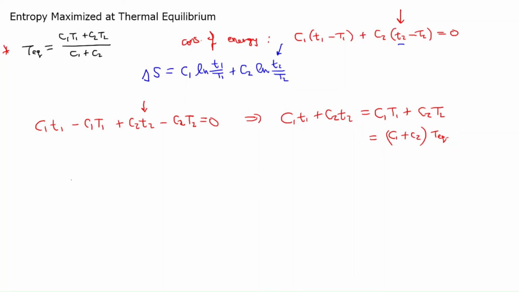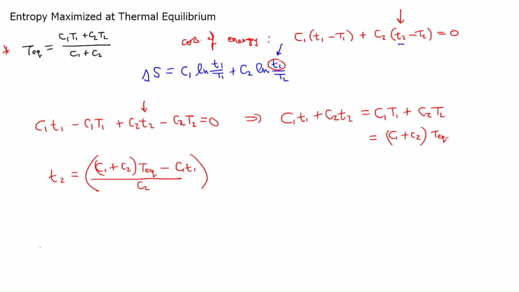So when I solve that for little t2, I'm going to get C1 plus C2 times the equilibrium temperature, minus C1 t1, all over C2. And again, this expression I want to plug in for the t2 right there.